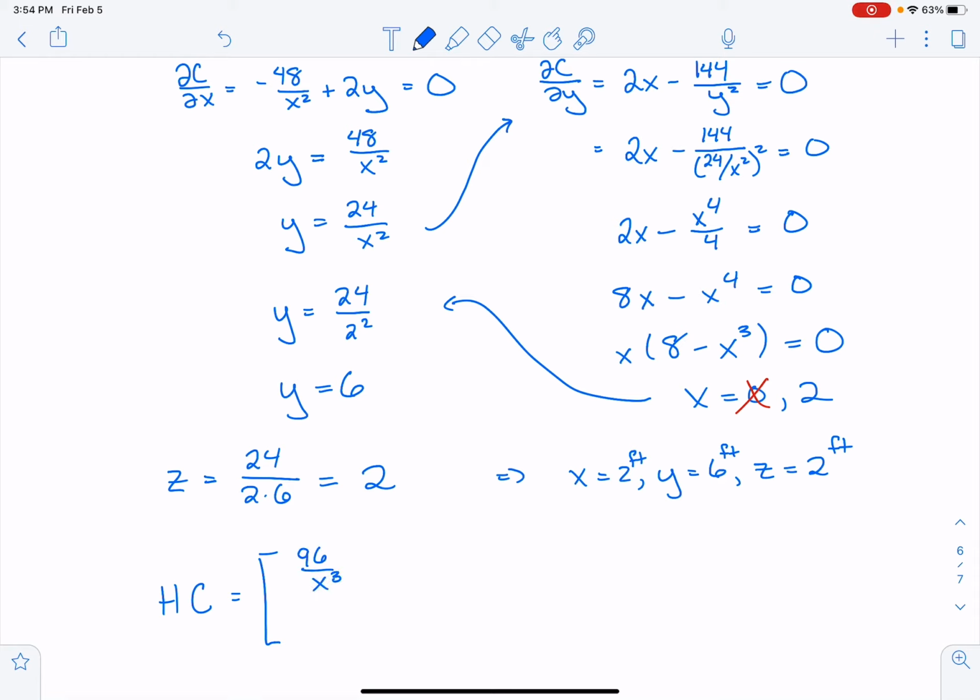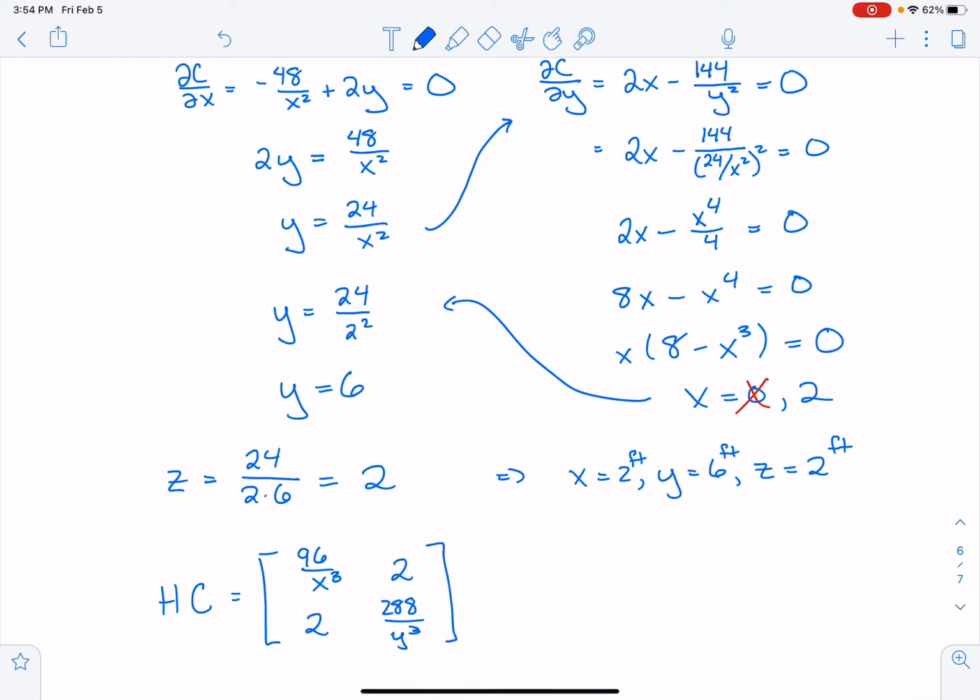And then the derivative with respect to x and then y is going to be 2. The derivative with respect to y, then x is going to be 2. And then I'm finally left with the derivative with respect to y twice is going to be 288 over y cubed. Okay, so that's my Hessian matrix.